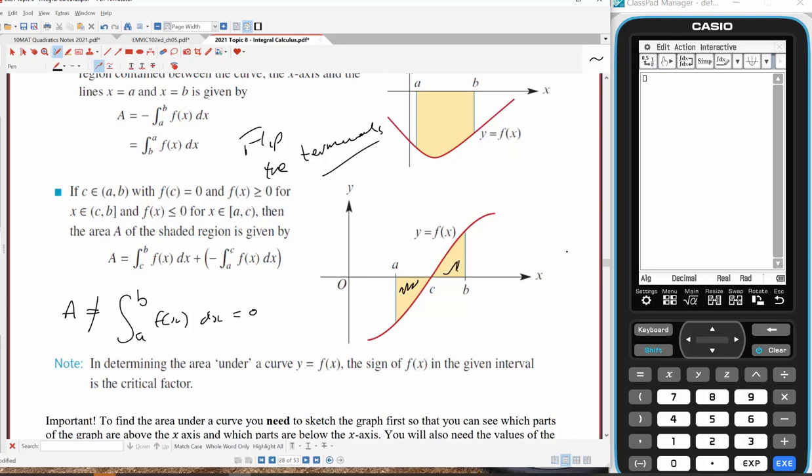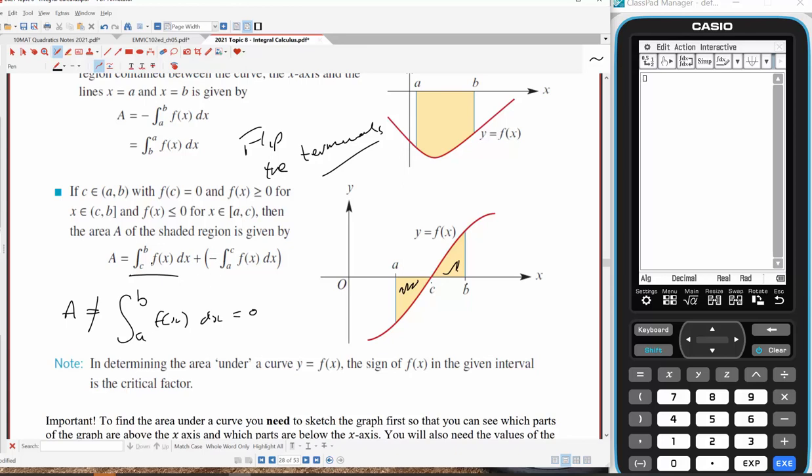The only way to do this is to actually just split the integral. So you integrate between b and c, that's this part here, for f of x dx, and then you add the negative version of this one here. If you integrate between c and a, that will give you the negative signed area, and then you drop a negative in front of the result.